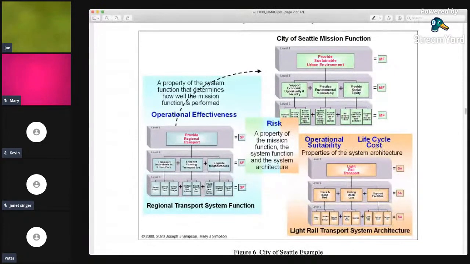So in each case, looking here at the operational effectiveness and the operational suitability, this is where the priority structures and the intent structures from the application structural types come into play. Because you have to have values. You have to have metrics, and those metrics have to be grounded in what the group believes is important.